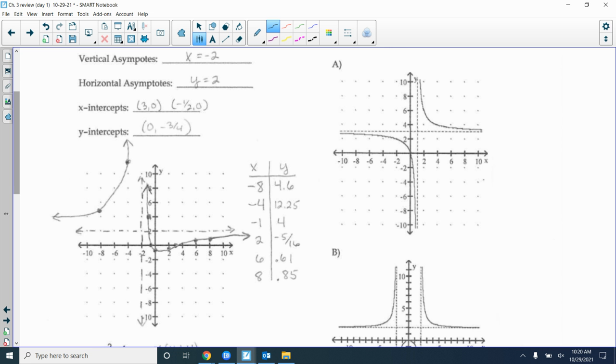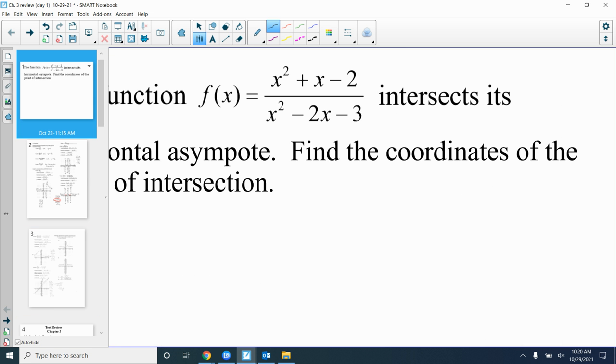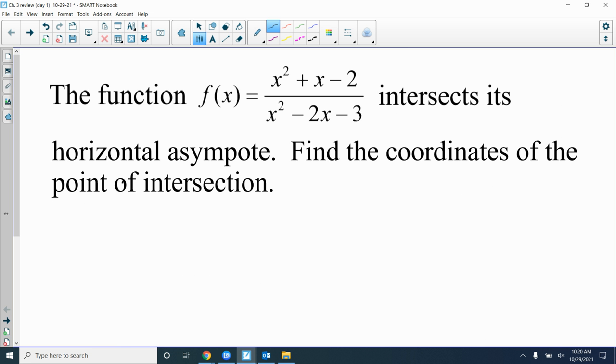All right, Matthew, what were you thinking? My idea to solve for the coordinates would be to find the horizontal asymptote first, and then once you know what that value is, you can plug that in as y and then solve for x to get your x value. There you go. Couldn't do it any better myself. All right, what's the horizontal asymptote? 1, because they have the same degree.